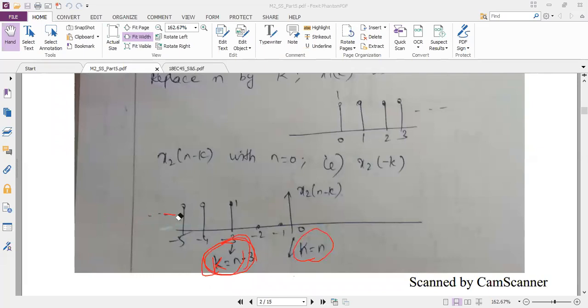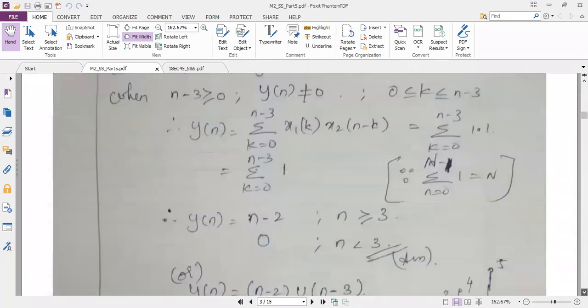So remember that. If the samples are not starting at the origin, then I have to mark two different k values. One is at the origin, where I write k equal to n, and from where the samples are starting, I have to write the k expression, k is equal to n minus something. But in our current problem, my samples are starting at the origin itself, so I need not write two k values on the x-axis.